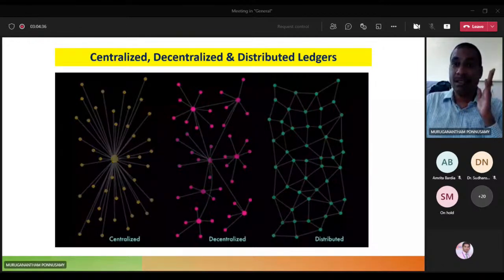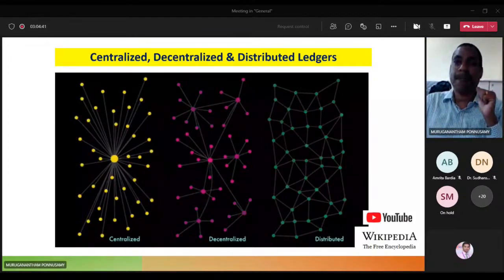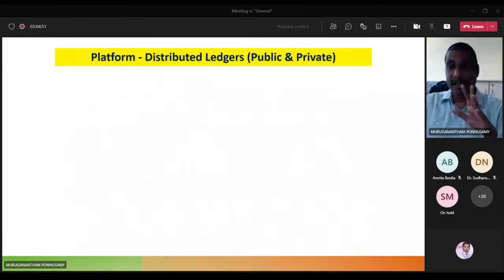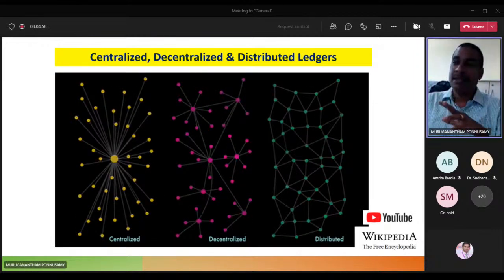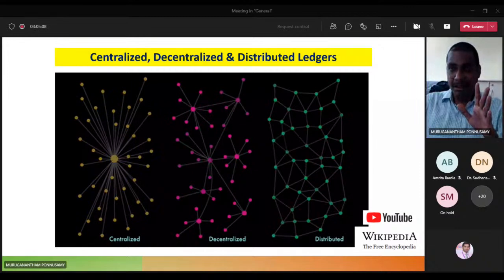Why? Because of the distributed ledgers. This is a database that is consensually shared and synchronized across multiple sites, institutions, or geographies, accessible by millions of people. It allows transactions to have public witness, which I said at the beginning itself, provided it is a public chain.